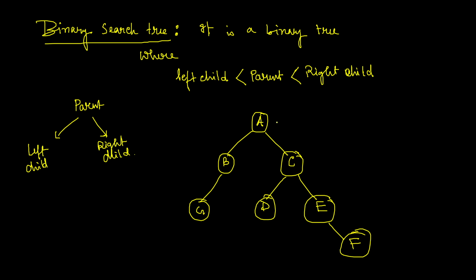If you start the journey from here, obviously you can go to either B or C. But if you are standing on B, there is no way to come back to A. It's something like a singly linked list between A and B. So always remember the direction is, you can say, top to bottom. This is the direction.